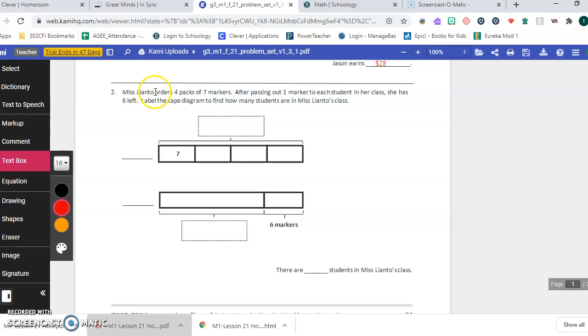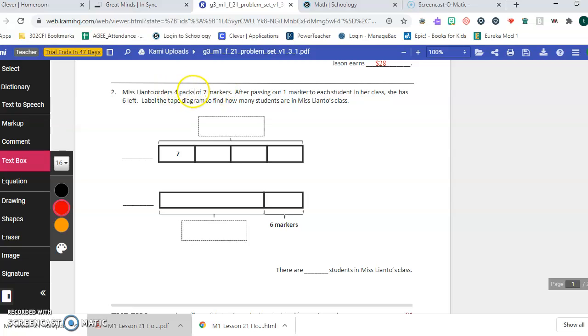Miss Leonto orders 4 packs of 7 markers. Okay, I think I know what that means. She's probably a teacher. She's ordering markers and they come in packs, and each pack has 7 in it. Okay, that sounds like a problem right there. I don't know what the total is, but I'm thinking I can figure out that total by multiplying the number of packs times the number of markers.